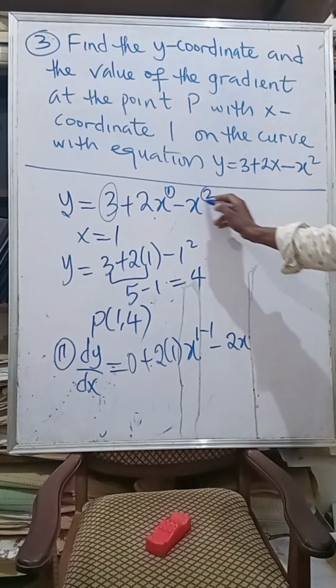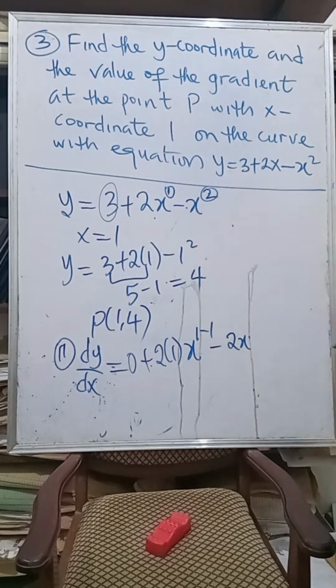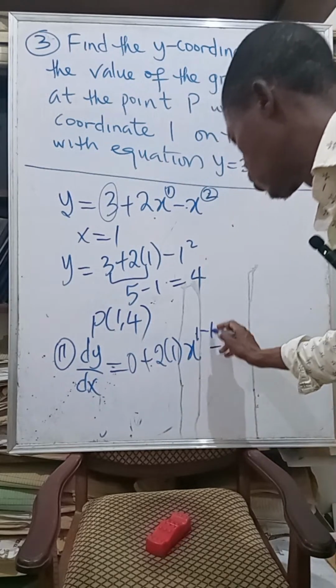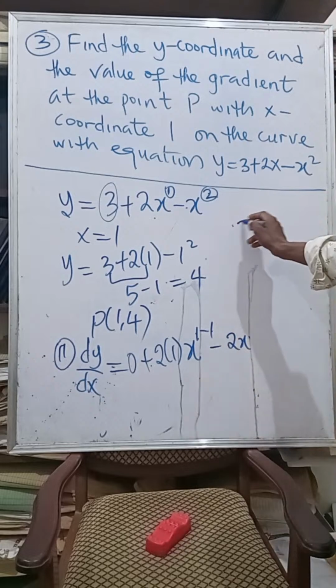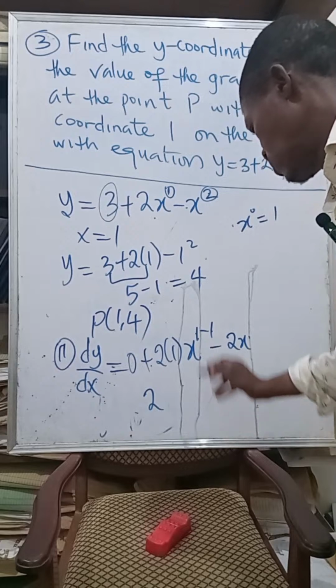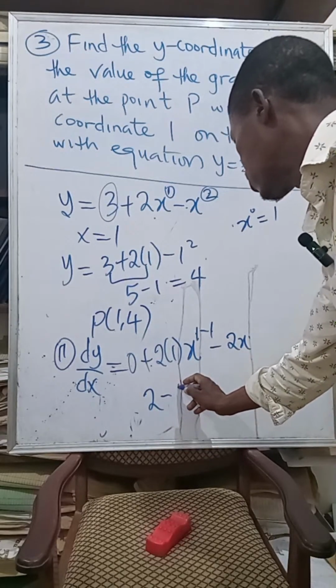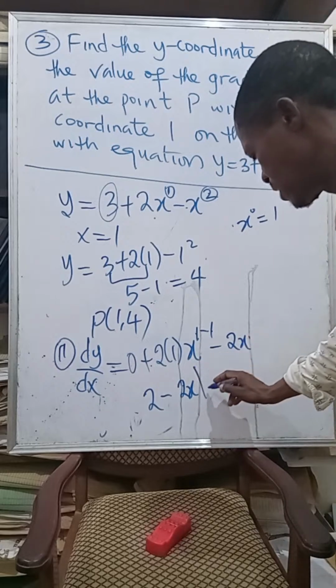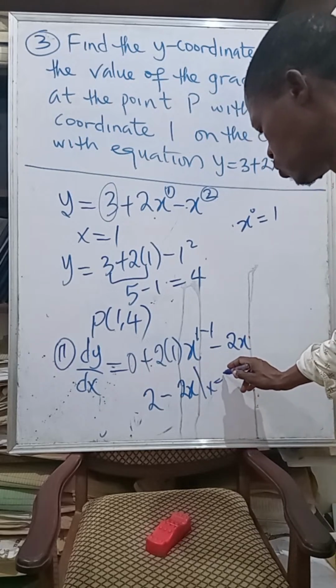The same thing also, the power goes to the front, then the power minus 1. So 1 minus 1 is 0, and x to power 0 is 1. So we're having 2 times 1 minus 2x. That's the gradient at the point where x equals 1.